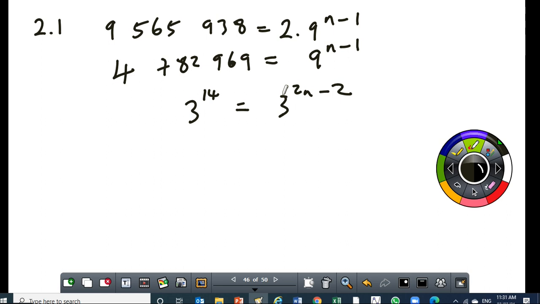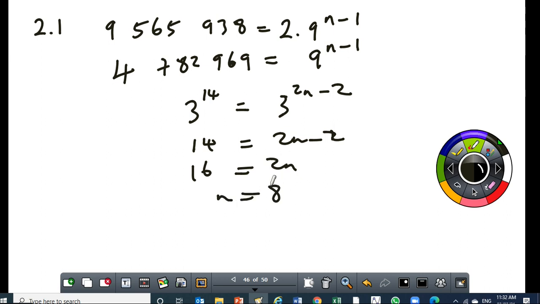You don't have to get confused. Your heartbeat does not have to increase because you saw that question. From here it becomes a grade 10 and 11 question. Remember, your number of terms must always be positive. So you get 16 equal to 2n, so your n will be 8. And then you are done.